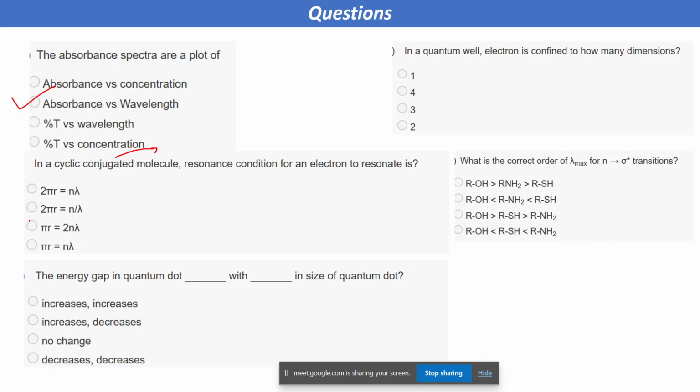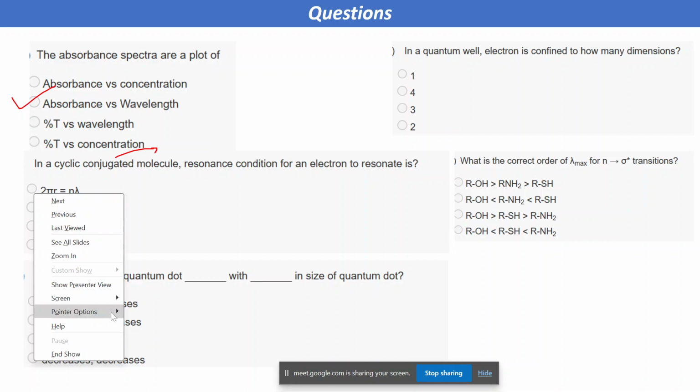What was the answer for that? It will be 2 pi r equals n lambda.